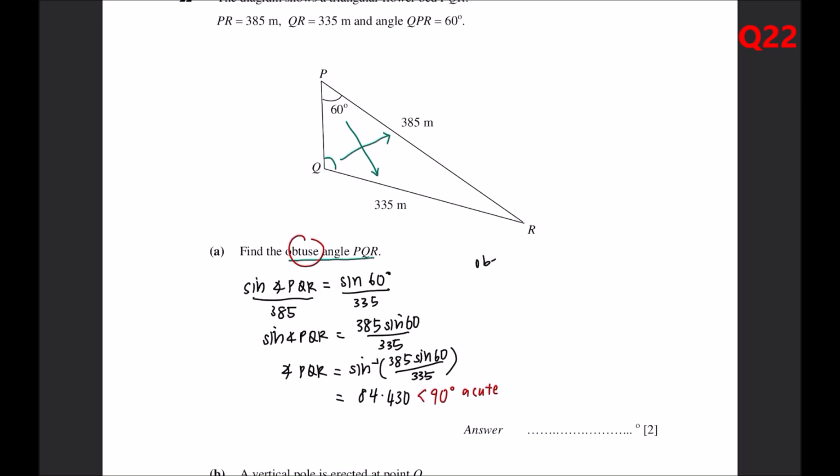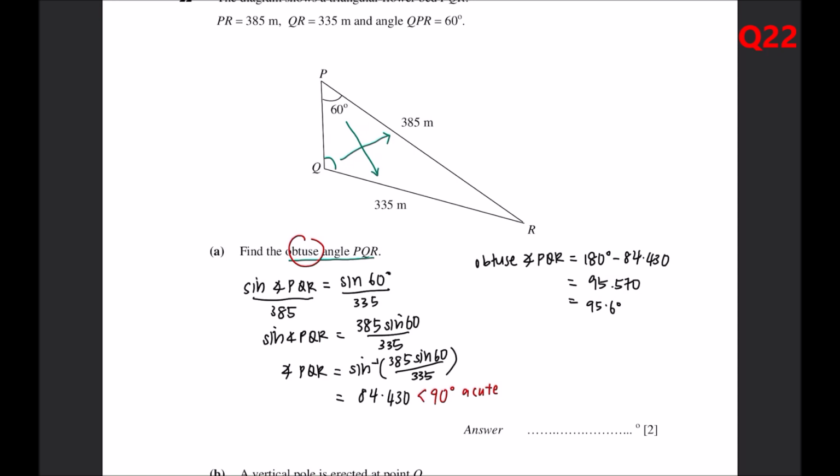To find obtuse angle PQR, you take 180 degrees minus 84.430, and then your result will be 95.570. For angles, just leave it to 1 decimal place, so 95.6 degrees.